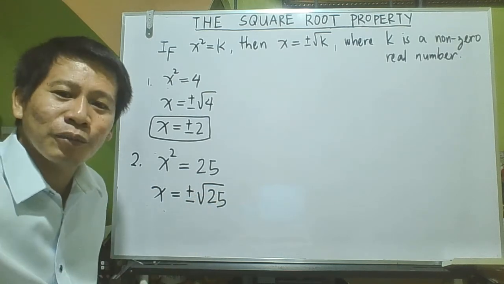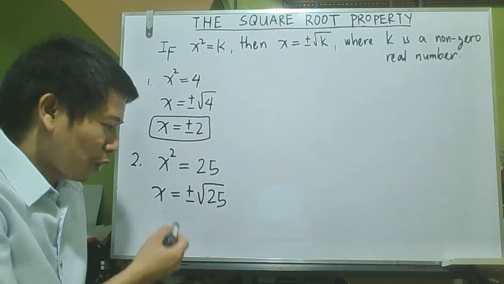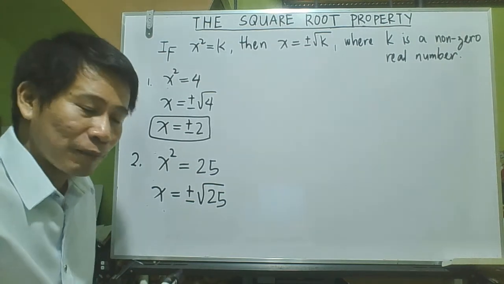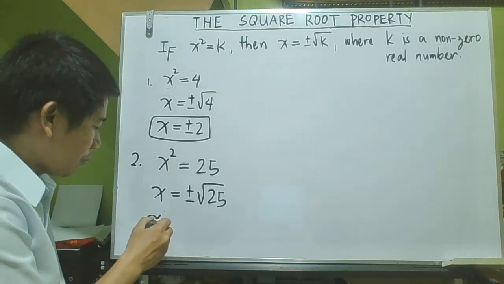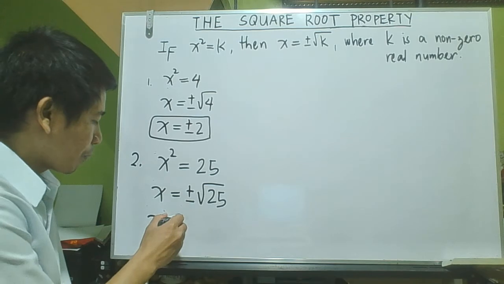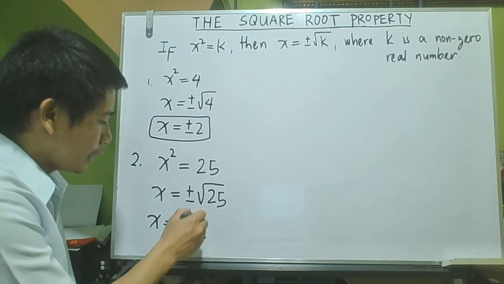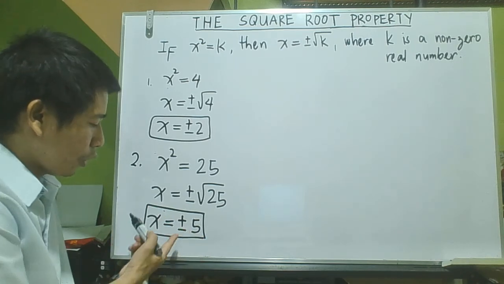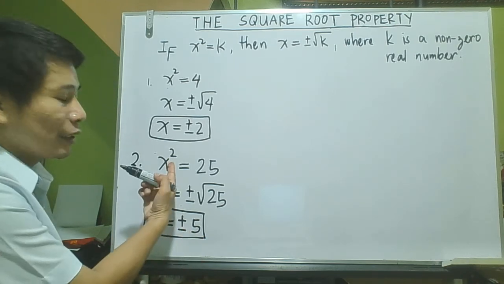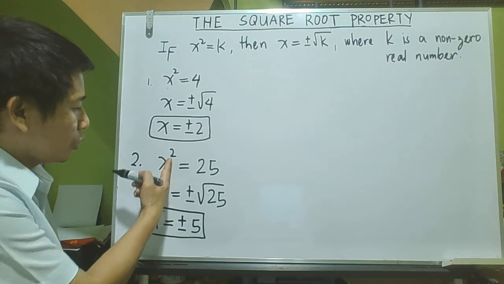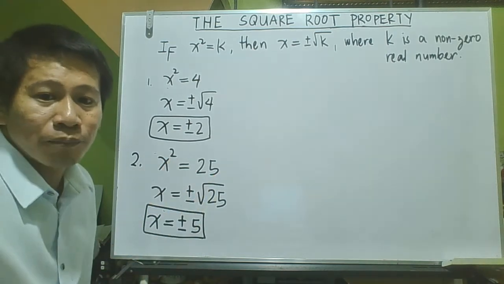And what is the square root of 25? The square root of 25 is 5. Therefore, the values of x will be positive negative 5. And these are our roots or solutions of this quadratic equation x squared equals 25.